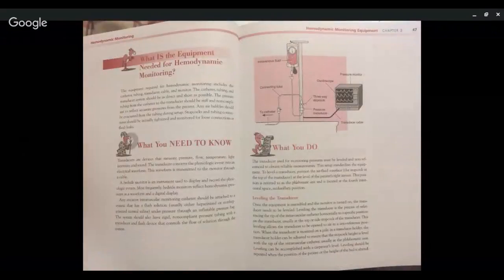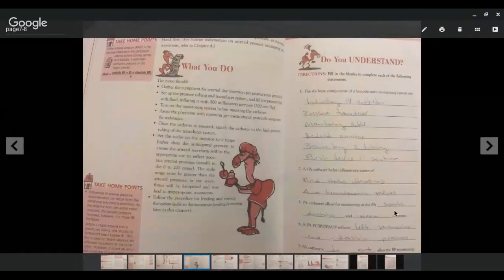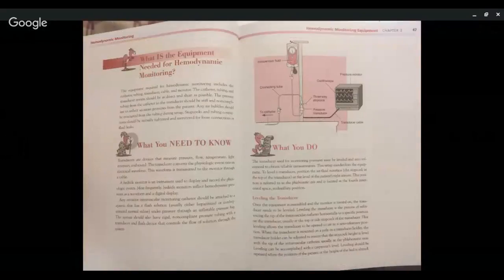What is the equipment needed for hemodynamic monitoring? The equipment required includes the catheter, tubing, transducer, cable, and monitor. That was just the question from earlier. The catheter, tubing, and transducer system should be as direct and short as possible.